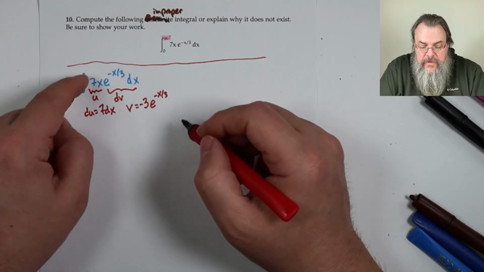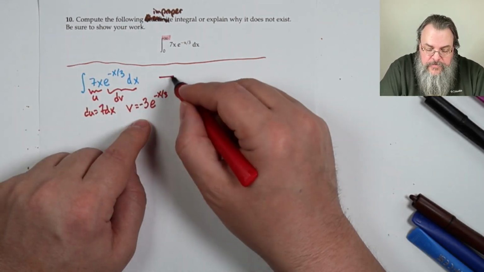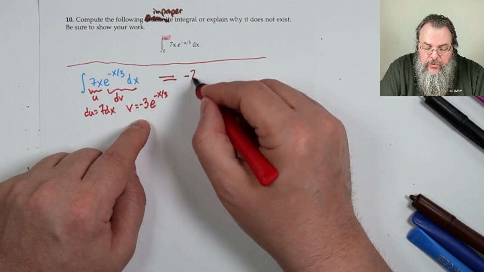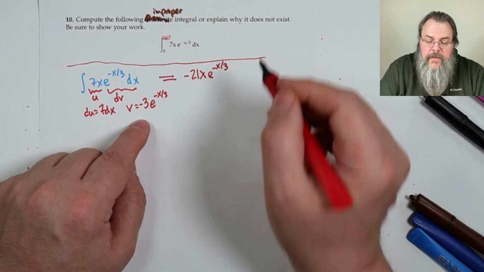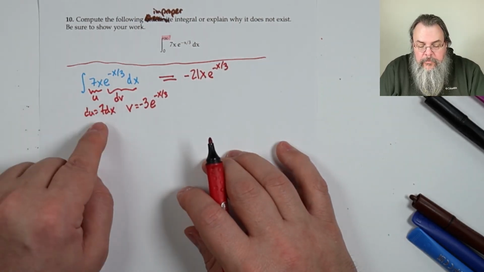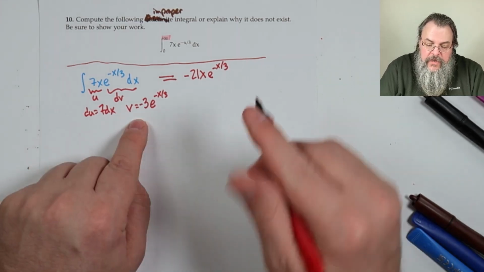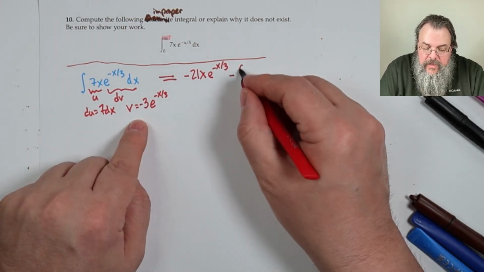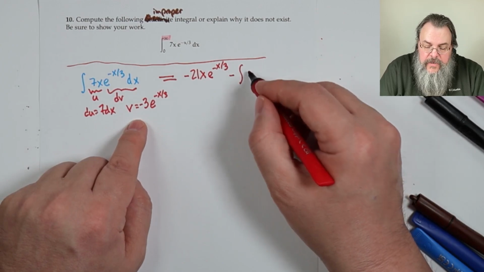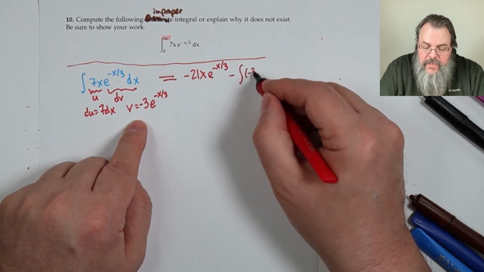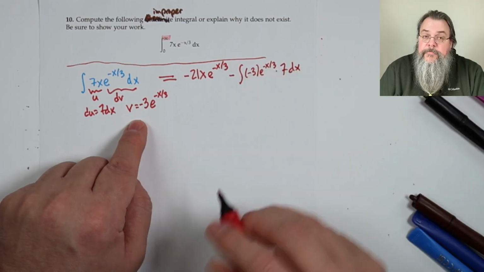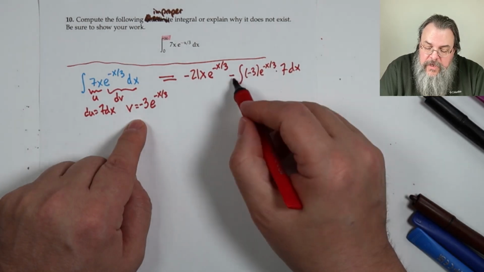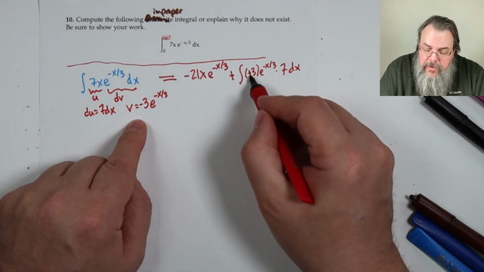All right, so we have uv. So that's minus 21x e to the minus x over 3. Minus the integral of v du. So minus the integral of minus 3 e to the minus x over 3 times 7 dx. Well, 2 wrongs make a right. 2 minuses make a plus.